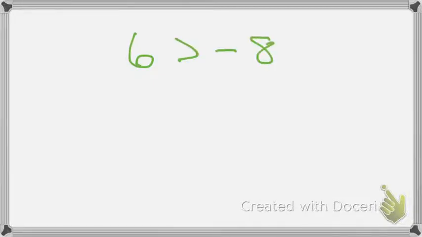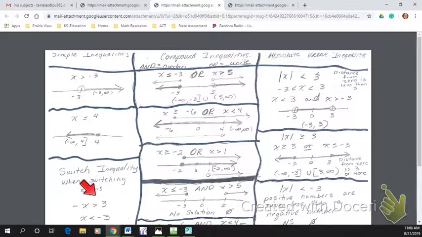Okay, if I switch the signs and put the 6 negative and the 8 positive, does that symbol still work? No, negative 6 is less than 8. So anytime you change the signs on both sides, that has to flip the inequality. Anytime you have a negative on your variable, you must switch the inequality.